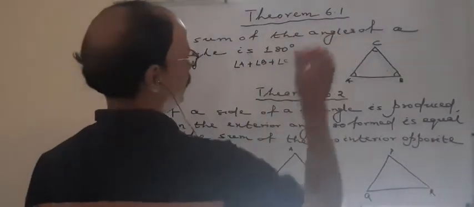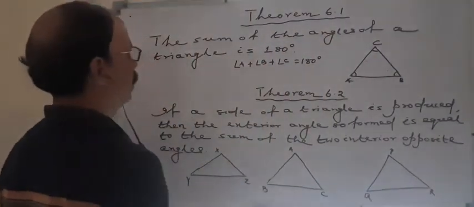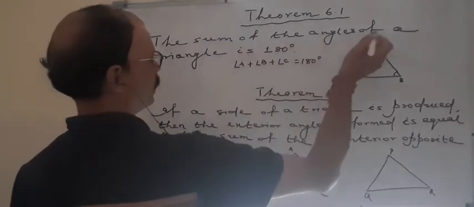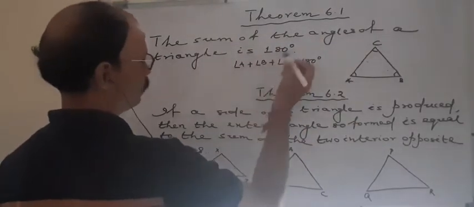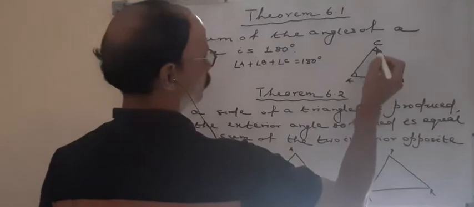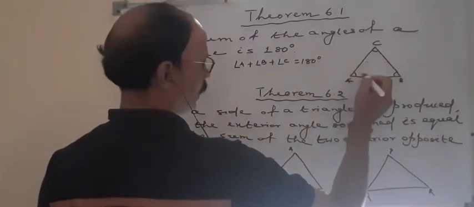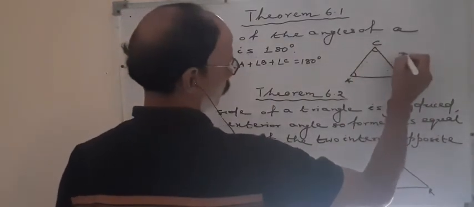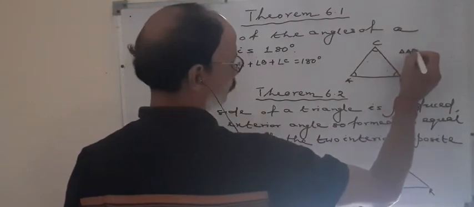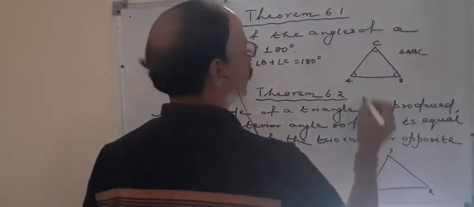Theorem 6.1 states that the sum of the angles of a triangle is 180 degrees. So it is a triangle ABC. In the triangle ABC, here are the three angles.